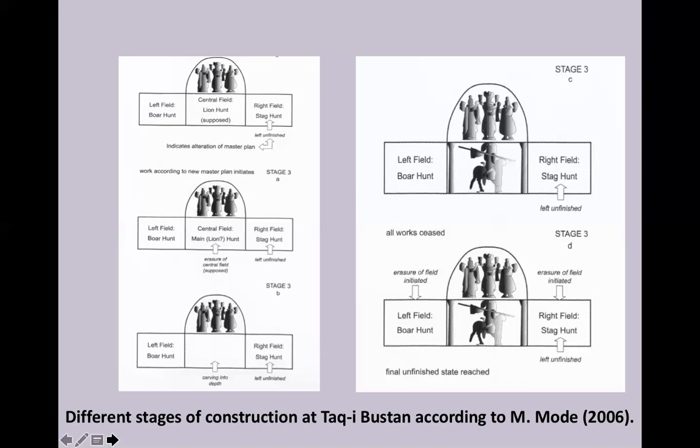And in my opinion, this is not something which happened because, for example, the king who decided to do Taq-i Bustan changed his mind. No, I think that we are talking about two different personalities. And in my opinion, these personalities were Bastam in a first stage and Khosrow II in a second stage.